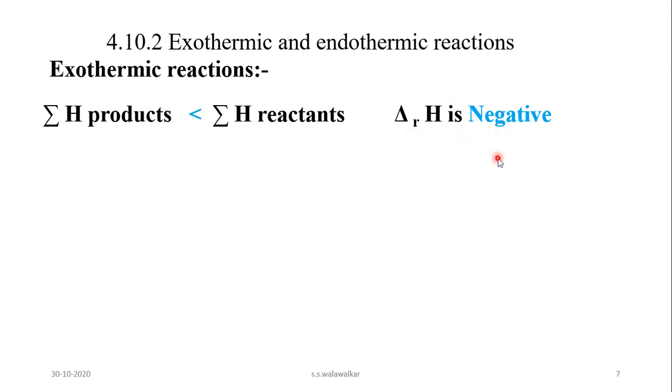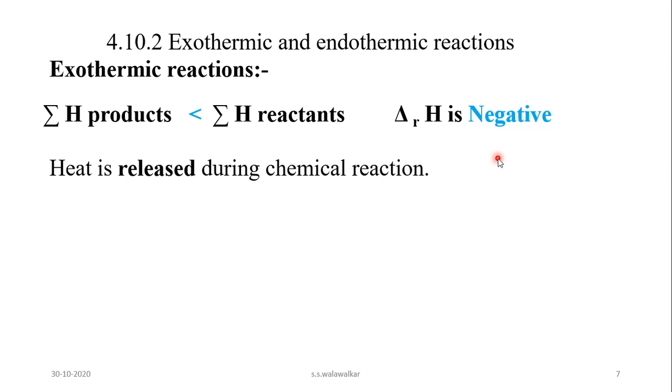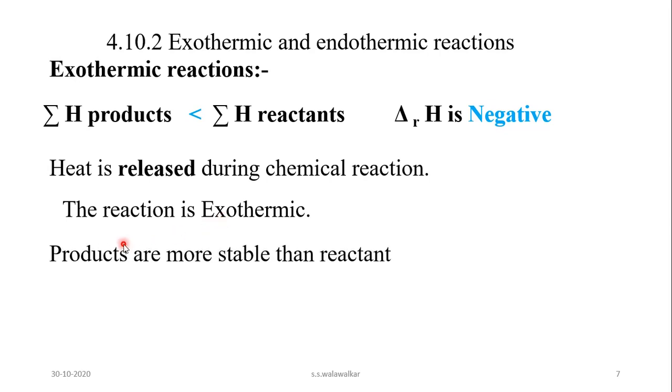In such reactions, heat is released, that is, heat is given out during the chemical reaction, and as heat is released, it is called an exothermic reaction. And in this exothermic reaction, products are more stable than reactants, as here the products have less enthalpy than reactants, and therefore products are more stable than reactants.